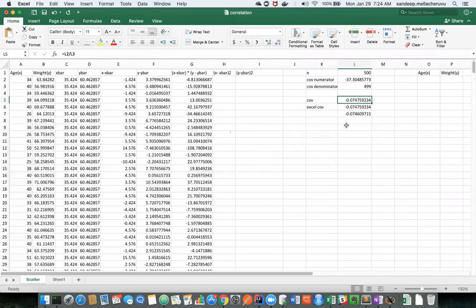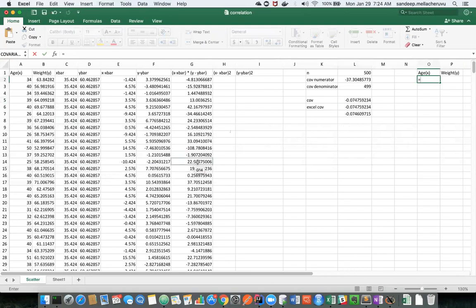Is that value a real value, or does it change with the units? If I change the units of the data, does the covariance value change or not? Let me find that out.